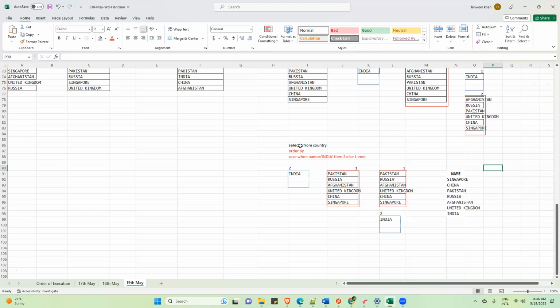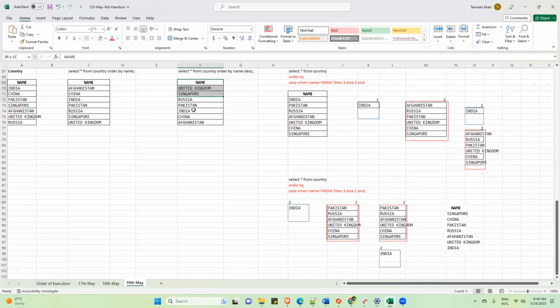Here I've written select star, which means it will select the column names first. Then on the column you want to sort, it will do the sorting. So select comes first, and then you do the ordering on that. Is that what you're asking?